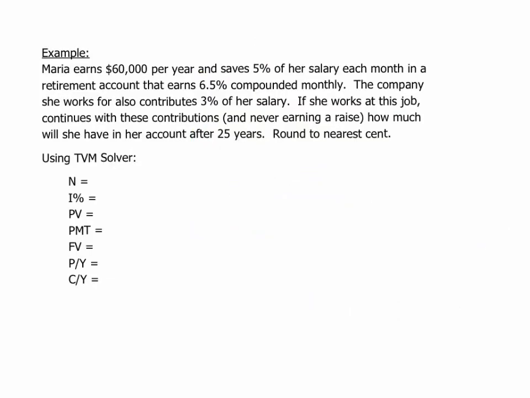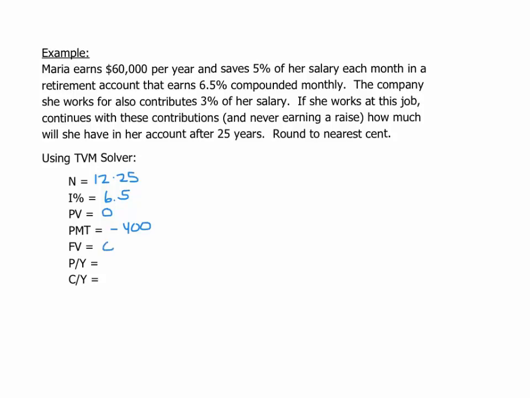If we were doing this problem using the TVM solver, our N would be 12 times 25, our I would be 6.5, our present value, this is the amount that we start with, and so in that account, when she first starts saving, she should have $0. Our payment, this is the amount she's depositing each month, this is going to be negative 400, and again, you can make this positive, but your final answer will be negative.